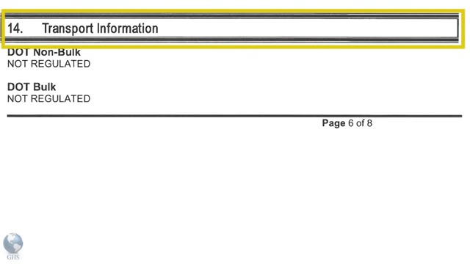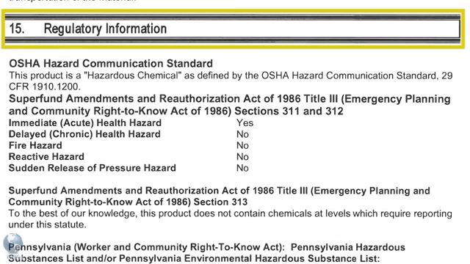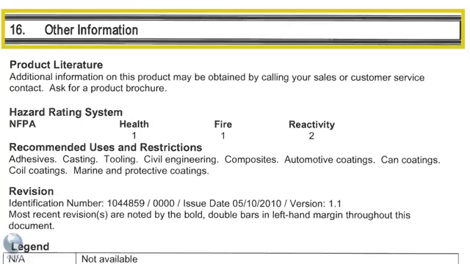Section 14, Transport Information, provides guidance on classification information for shipping, transporting of hazardous chemicals by road, air, rail, or sea. Section 15, Regulatory Information, identifies the safety, health, and environmental regulations specific for the product that is not indicated anywhere else on the SDS. Section 16, Other Information, includes the date of preparation or last revision of the SDS.